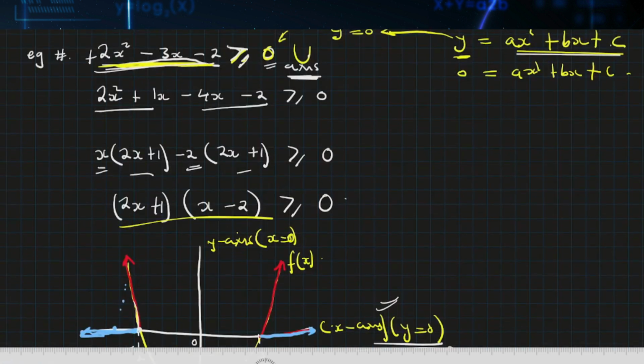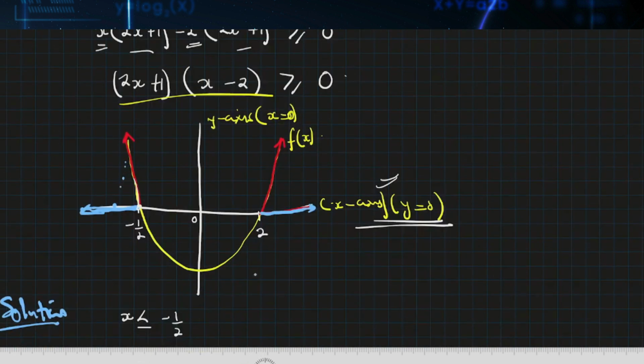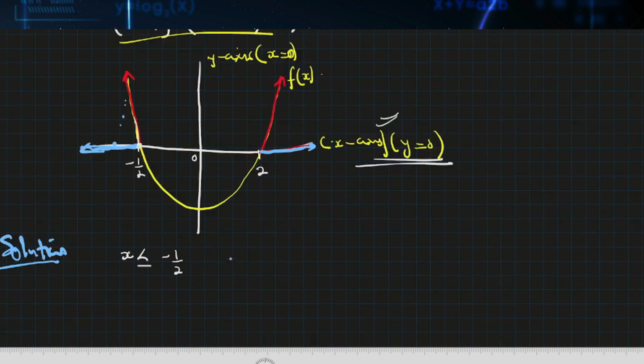Here you can see in the question it's included. We can also say and the values of x where x is greater than or equal to 2. That's the range of x values that satisfy the part of the graph that is above. Do you get the sense?